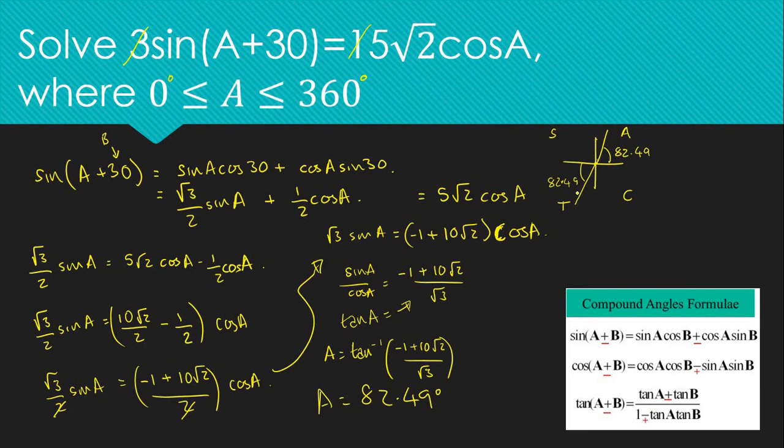And 180 plus 82.49 is going to be 262.49. So A equals 82.49 degrees and 262.49 degrees. Okay, all done.